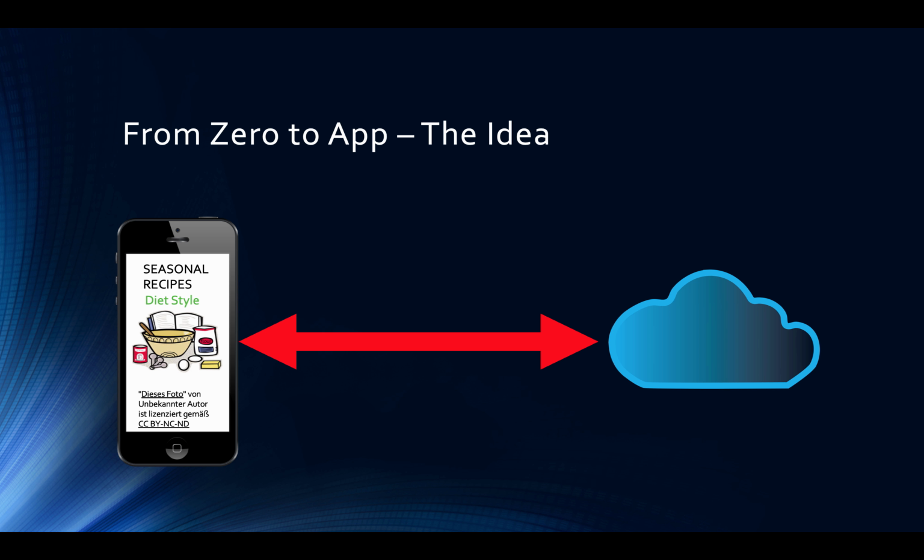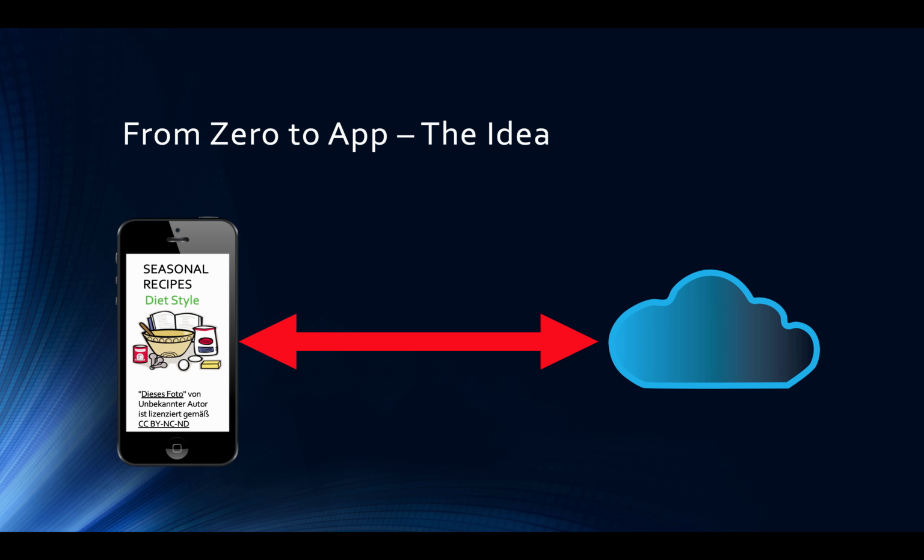Recipes, browse through the recipes, have an API somewhere in the cloud, and connect these two parts. And of course, we just don't want to have it running in Delphi. We want to have the app in the App Store, because it's quite a lot of work to get everything done.